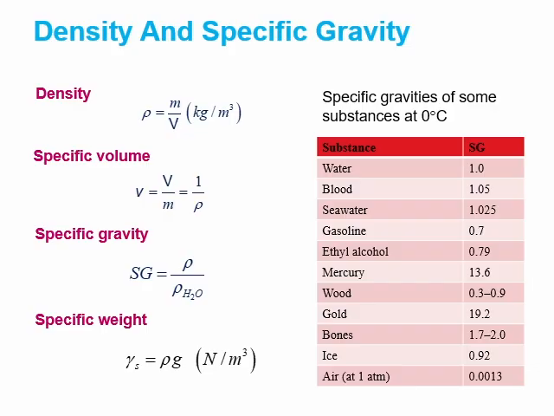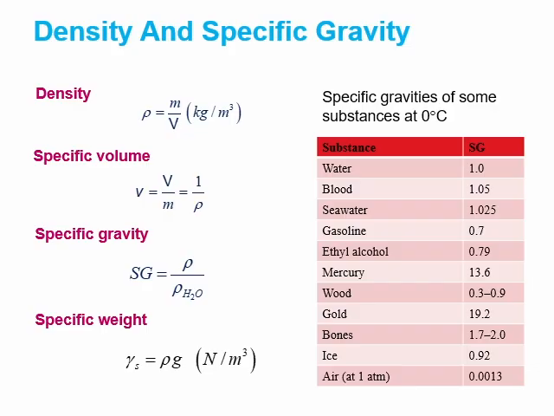Specific gravity is the ratio of the density of that substance to the density of water. Look at the table. Water has a specific gravity equal to 1. Mercury is 13.6 and very dense.